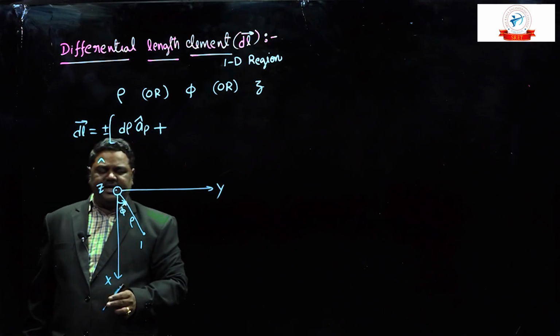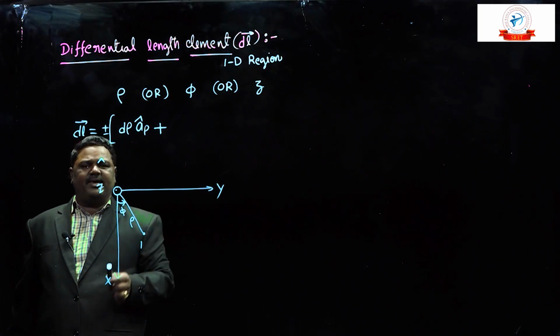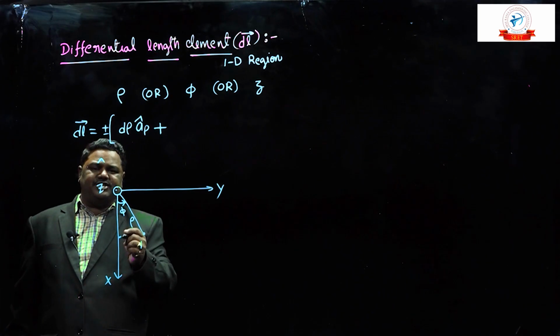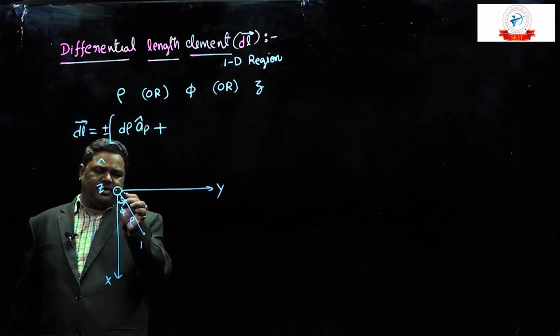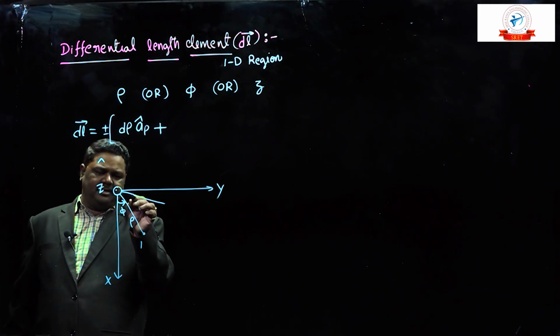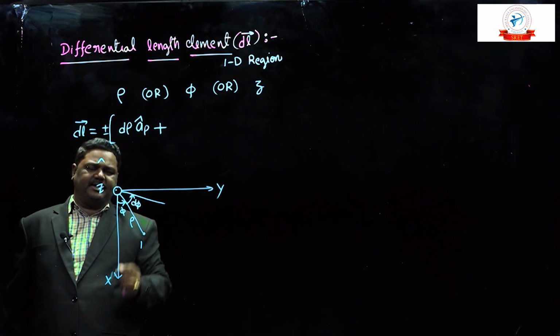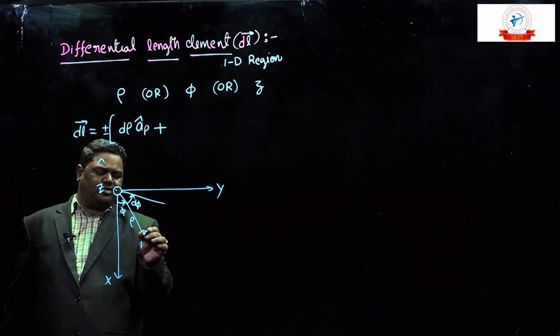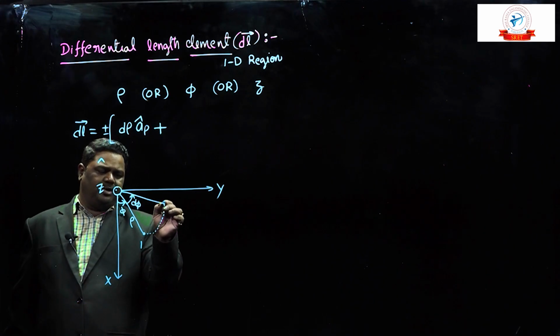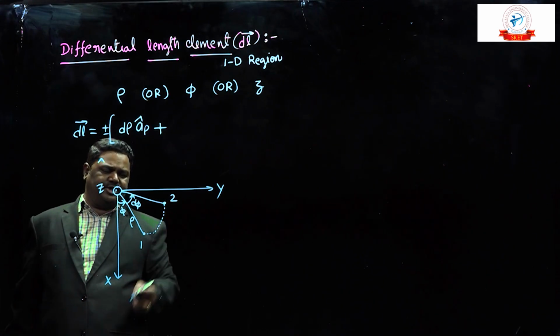Now let us increase this angle phi by a small, differential amount d phi. Then the point moves from location 1 to location 2.